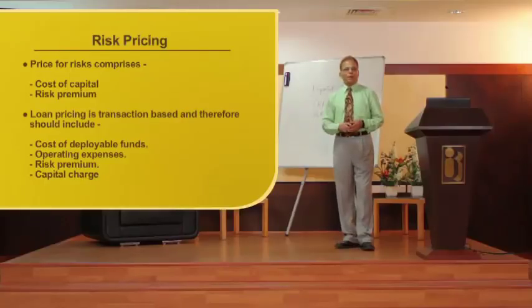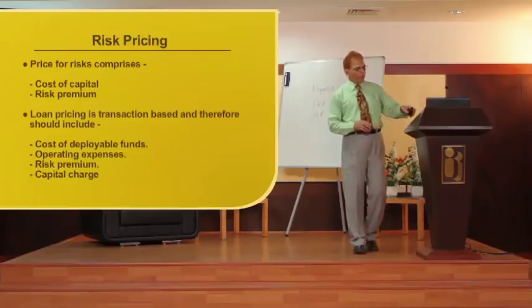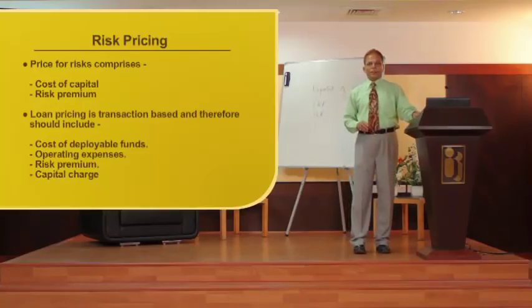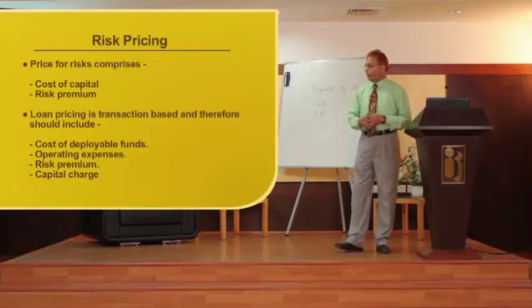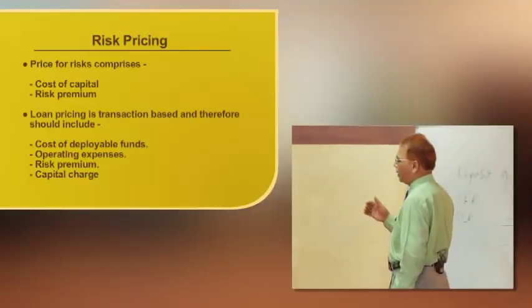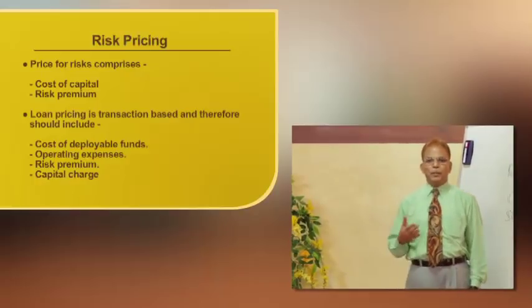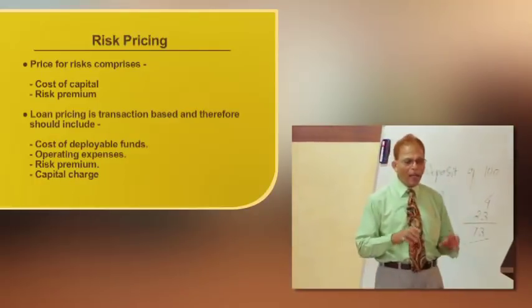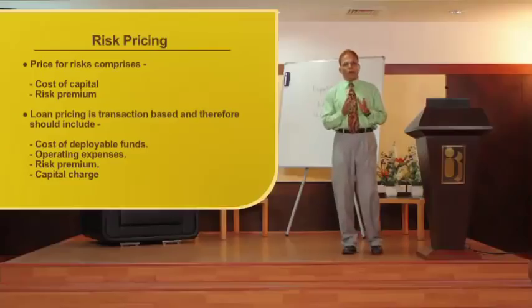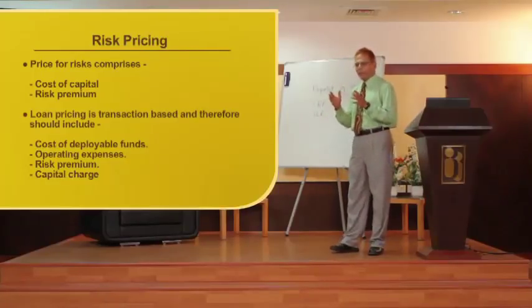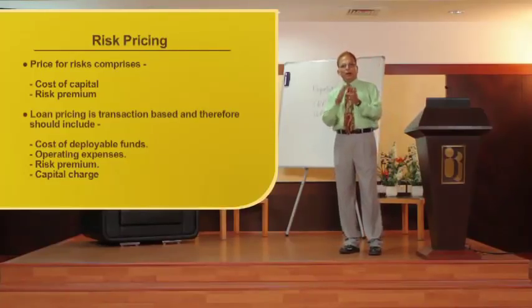What is risk premium? And how do you measure risk premium? Risk premium can be measured by understanding the risk with a particular portfolio. So what is a portfolio? A portfolio will have some uniform kind of characteristics. Suppose all housing loans can be put in a particular portfolio.